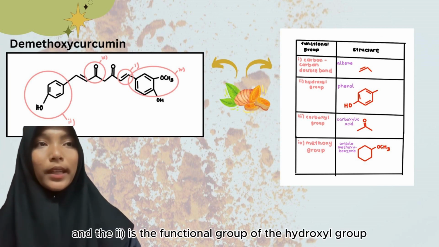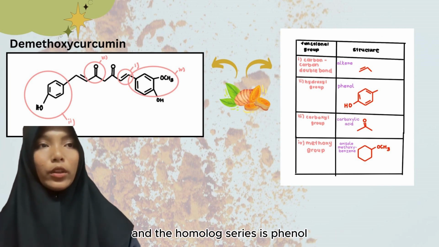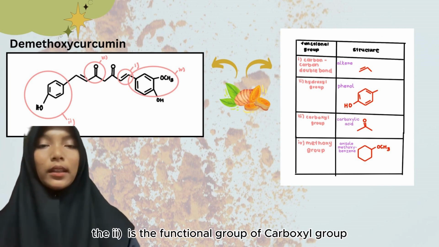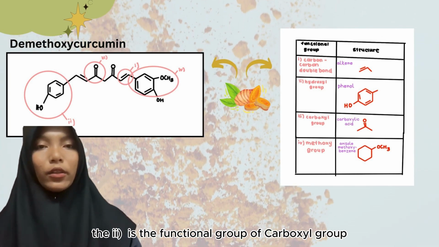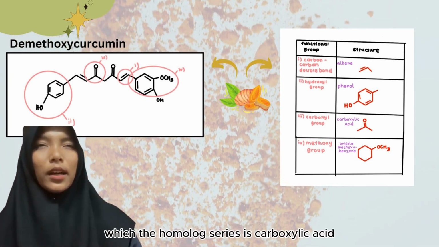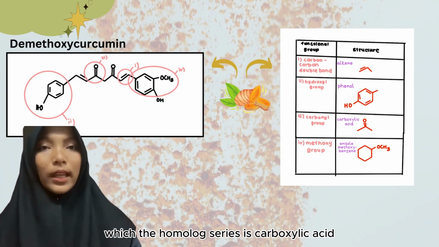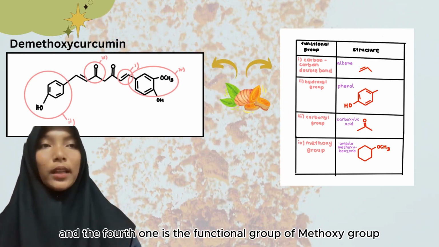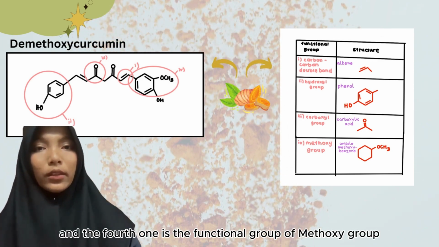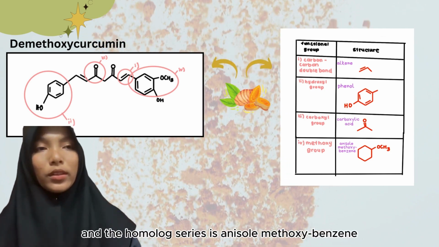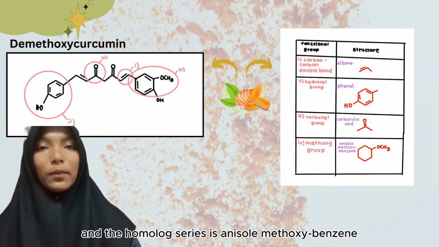The second is the functional group of hydroxy group and the homologous series is phenyl. The third is the functional group of carboxyl group, which the homologous series is carboxylic acid. And the fourth one is the functional group of methoxy group and the homologous series is anisole, methoxybenzene.